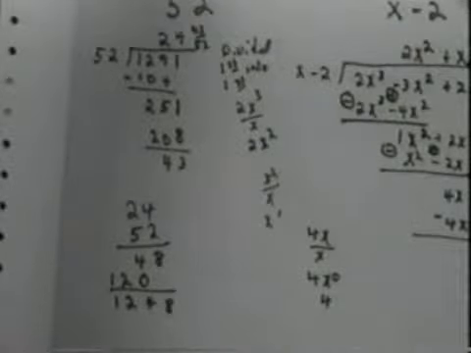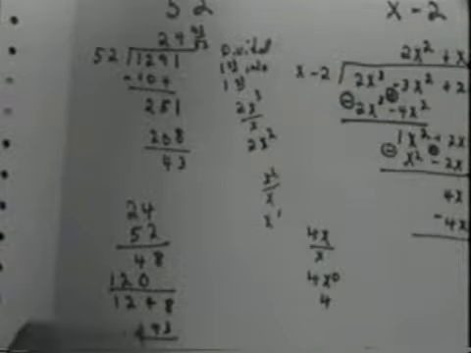Now I add the remainder. The remainder is 43, 8 and 3 is 11, 4 and 4 is 8, 9, 2, 1, so I get 1291. 1291 was my dividend.